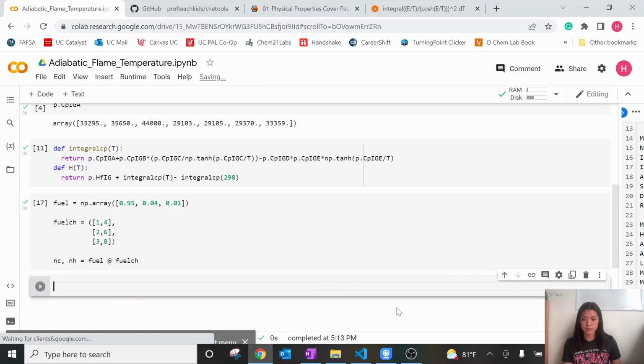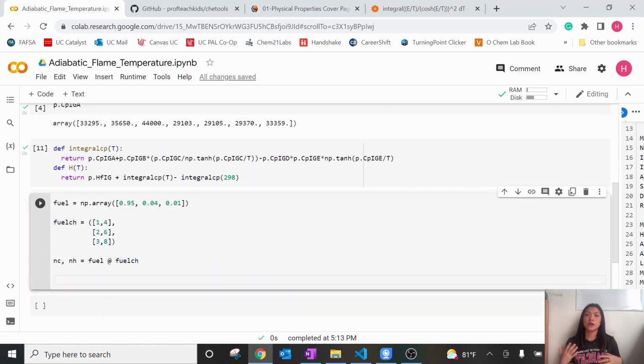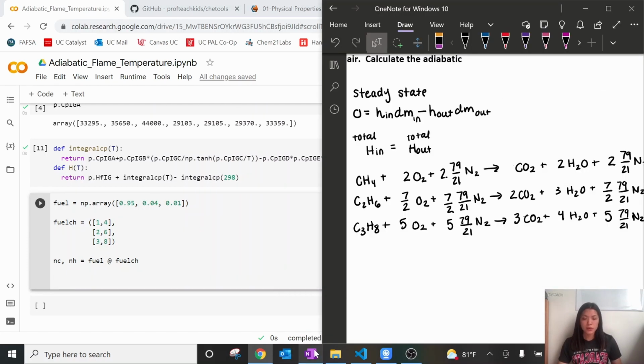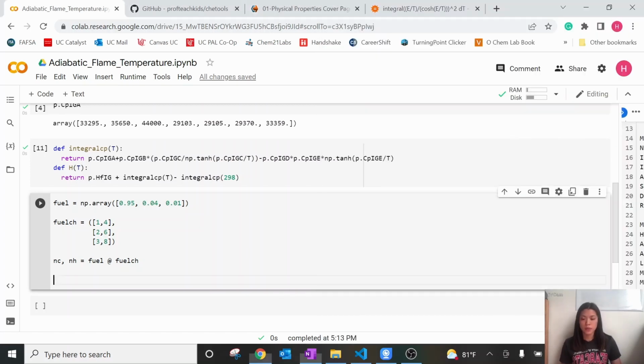So if we were to change the number of moles in the starting fuel, it would change it all for us. So now what we have to do is use the number of carbons and hydrogens to figure out the number of oxygens and nitrogens and carbon dioxide and water that is produced. And so we can use our reaction equations that we established earlier to help us do so.